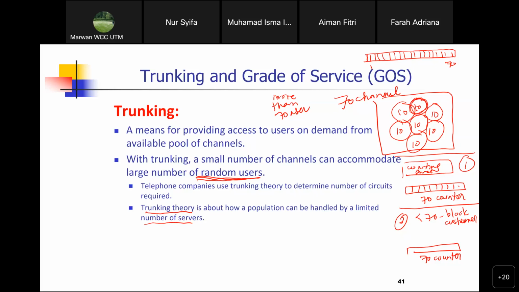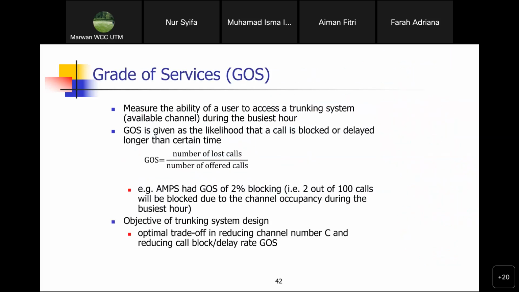Okay, any question? No, then I'll go. Based on trunking theory, they define grade of service, in order to introduce some kind of waiting or blocking mechanism.